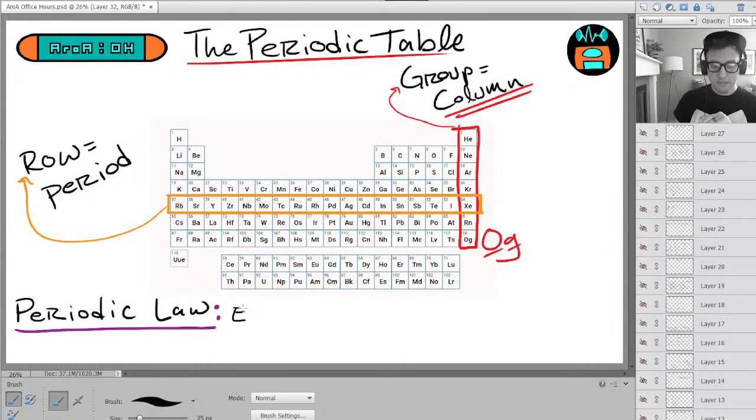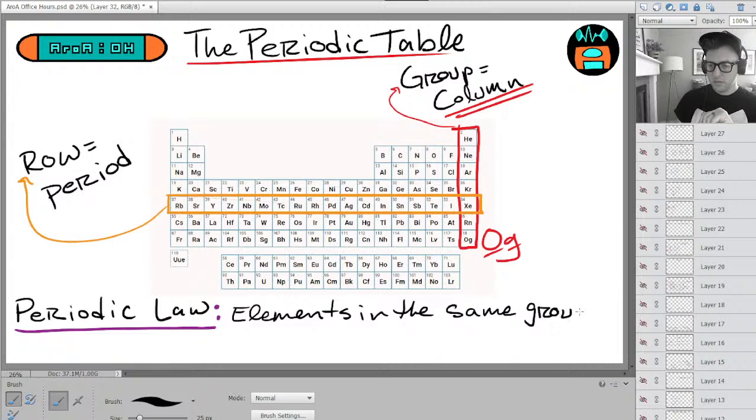Periodic law simply states that elements in the same group have similar chemical properties.